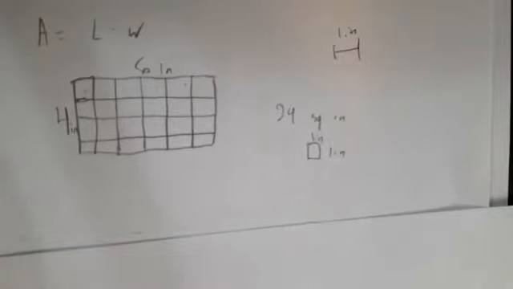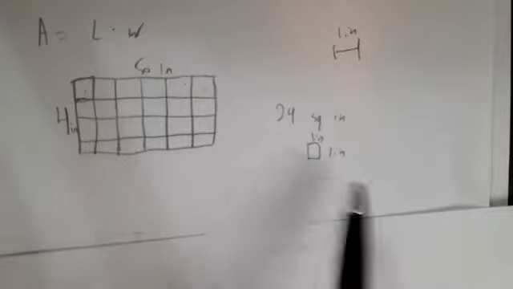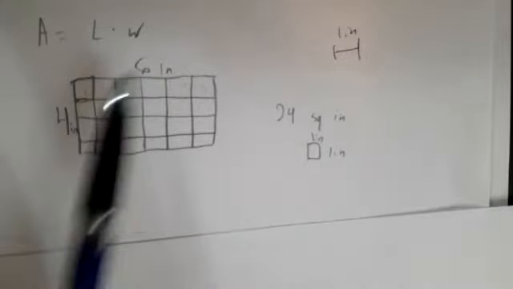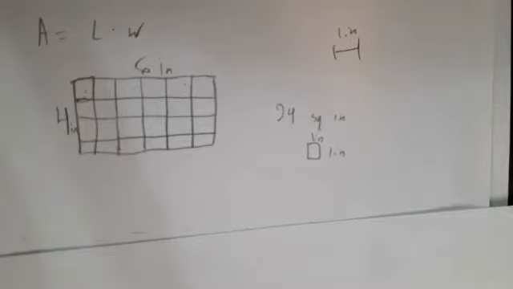I know this is not the straightest drawn picture, but pretend all these are even 1 by 1 inch blocks. You all have healthy imaginations. So that basically gets at the concept of area.